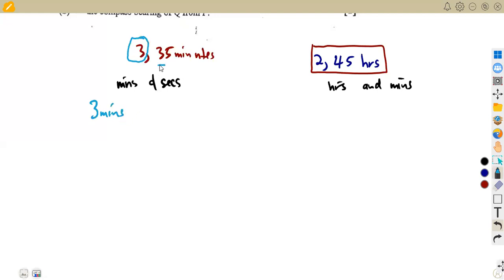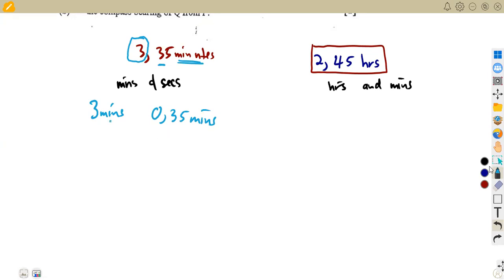But there is a remainder. So we're having 3 minutes in this case, and a remainder, the comma here that we're seeing, the comma 0,35. If we remove 3 minutes here, we are going to remain with the 0,35 minutes again. These are also minutes. So we have got the minutes and we have another part also in minutes. This part is in minutes and also this part is in minutes.